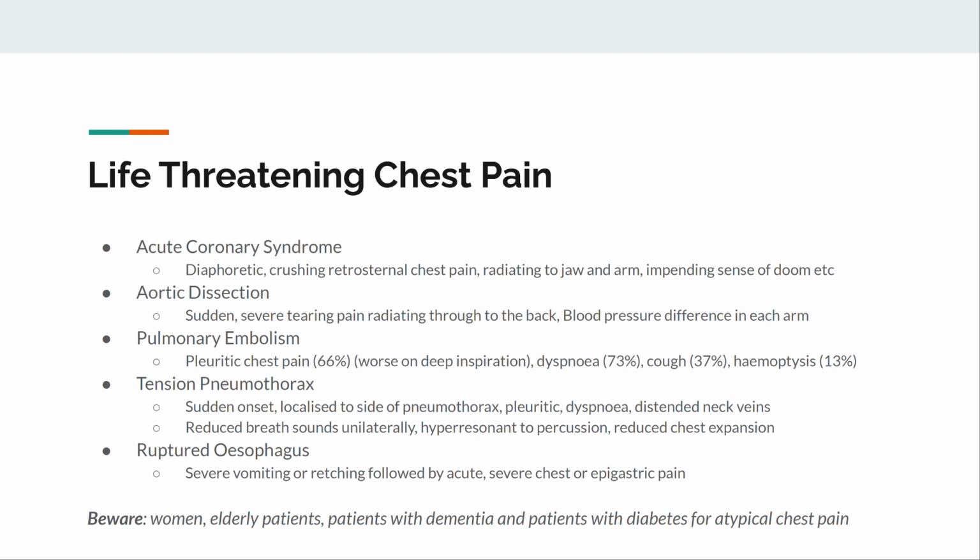There's a Mallory-Weiss tear, which is just the rip of a few layers of the esophagus, and then Boerhaave syndrome, when the actual esophagus ruptures entirely and you have air and gastric contents in the mediastinum, which can be rapidly fatal. The things you need to be careful of are women, old people, and people with dementia and diabetes, because their chest pain might not look like a heart attack, but it actually is a heart attack.